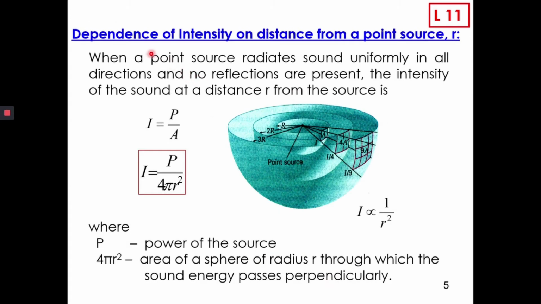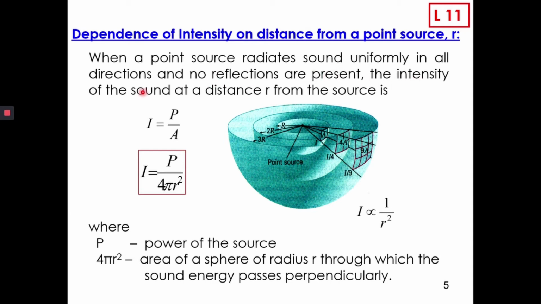To explain the dependence of intensity on distance r from a point source, we can use the formula I equals power divided by area. Now let's say a point source radiates sound uniformly in all directions, and no reflections are present.